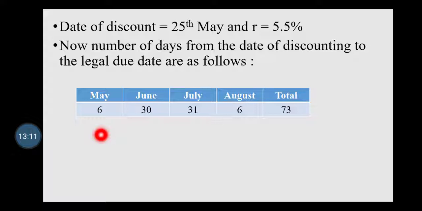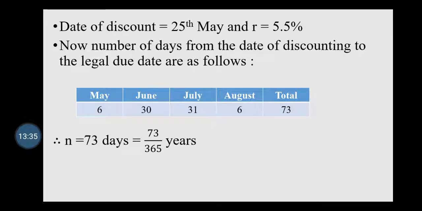And in this manner we find the total number of days is 73. Okay, is it clear? How can we count the number of days? Always we should count the days from date of discounting to the legal due date.